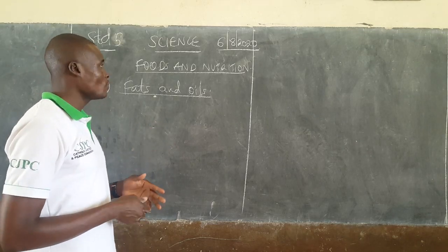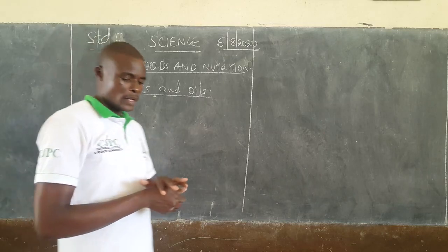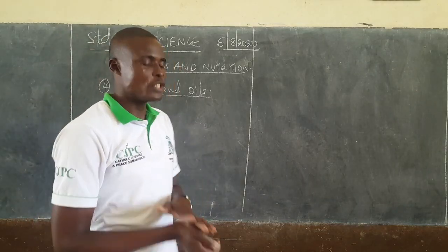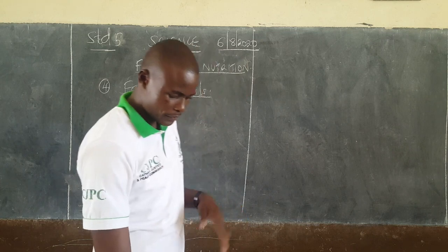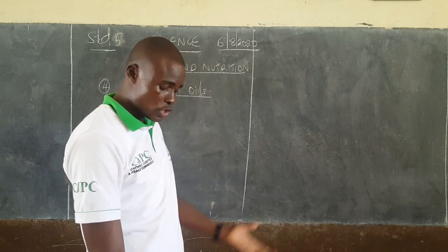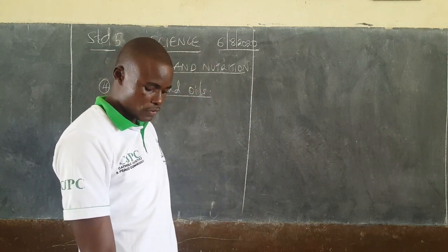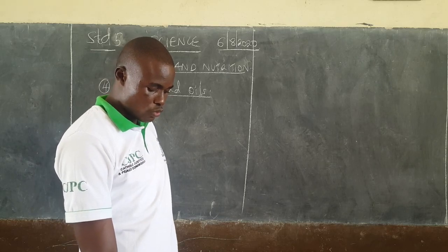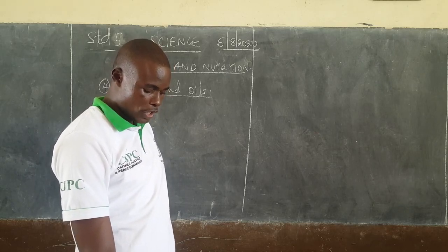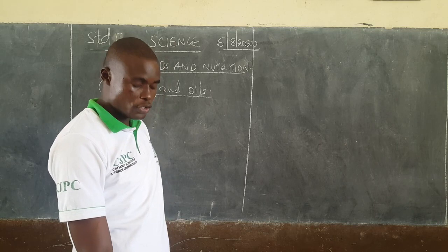In our last lesson, we looked in detail at terminologies like food, what are nutrients, what is nutrition, and so on. Then we went ahead to look at the nutrients found in food.